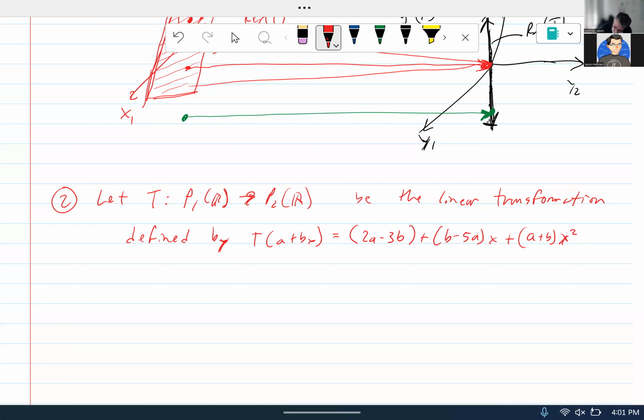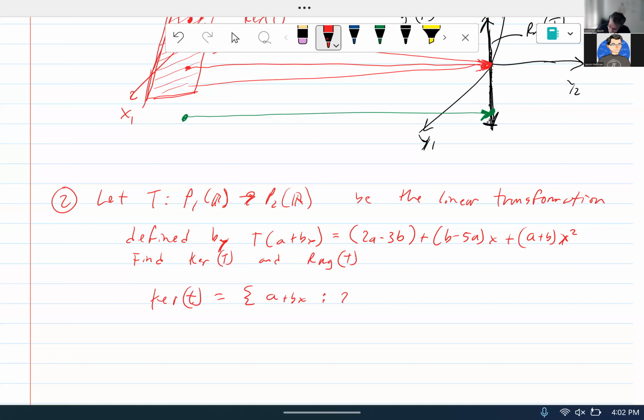Okay, find the kernel of T and the range of T. So the kernel of T is going to be equal to all the values of A plus BX such that when I plug it into my transformation, I get this equal to 0.